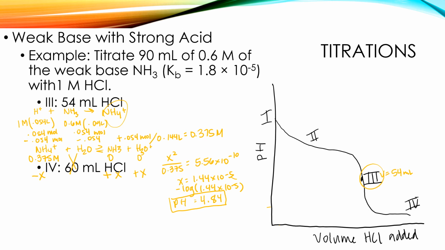And then finally, when we get to region 4, we have excess strong acid. So I just have to figure out how much excess strong acid I have. So I have 0.06 times 1 molar, and then of course still 0.6 molar times 0.09 liters.